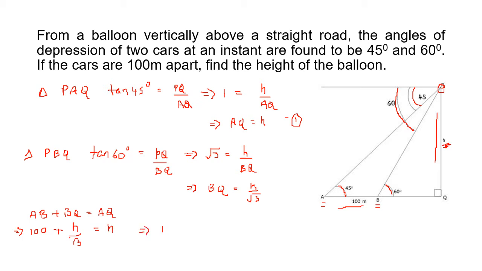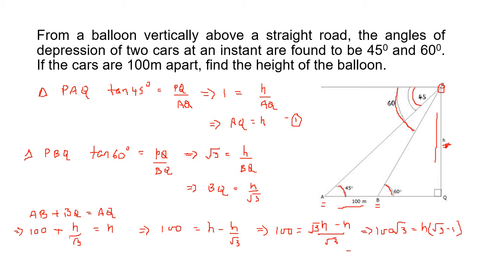So this gives us 100 equal to H minus H upon root 3. Taking the LCM, 100 equals root 3 H minus H upon root 3, which implies 100 root 3 equals H common bracket root 3 minus 1.